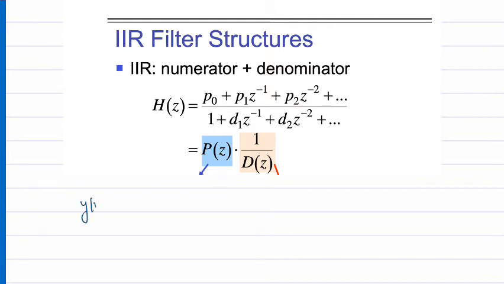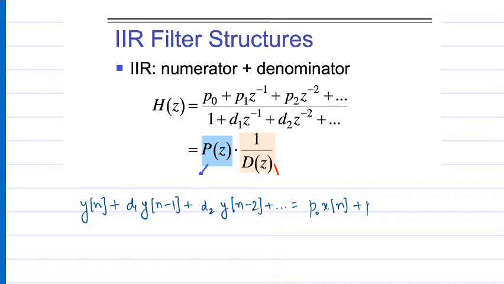If I take the inverse Z transform and represent H(z) as Y(z) upon X(z), then I get y[n] plus D1 y[n-1] plus D2 y[n-2] and so on, equal to P0 x[n] plus P1 x[n-1] plus P2 x[n-2] and so on. So what does this imply?